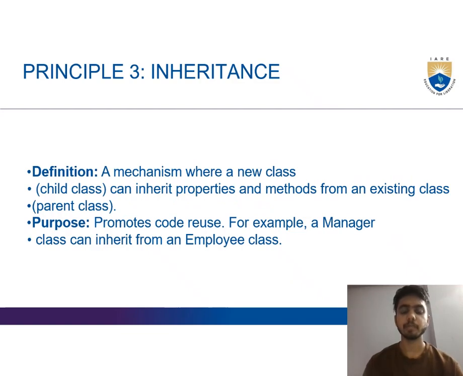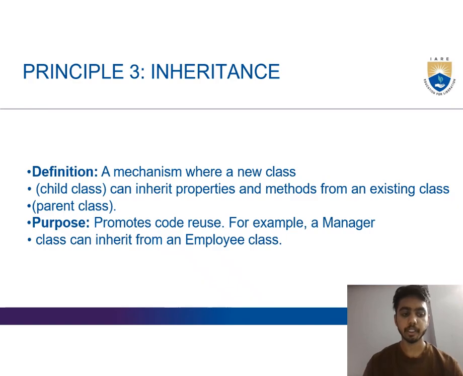The third principle of object-oriented programming is inheritance. Inheritance is one of the most powerful features in OOP. It allows a child class to inherit properties and methods from a parent class, which encourages code reuse and hierarchical organization. For example, suppose you have a class Employee with attributes like name and salary and methods like calculate pay.